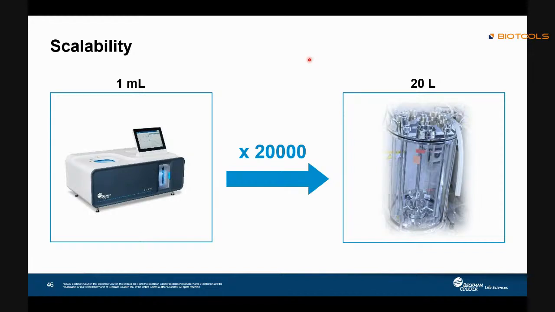We have a lot of data compared with other people who have already published journals, showing that our 1 milliliter fermentation can be compared to a 20 liter. So it can be a 20,000 times scalability.